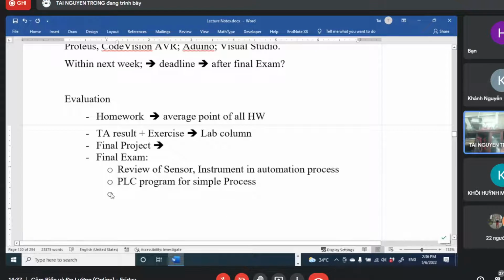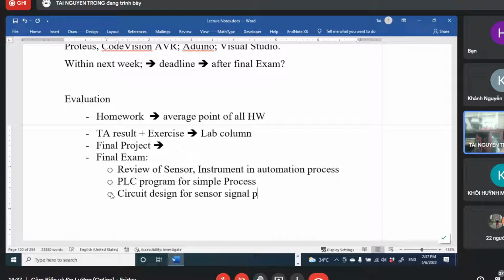Then we have some calculation, circuit design for sensor signal processing.